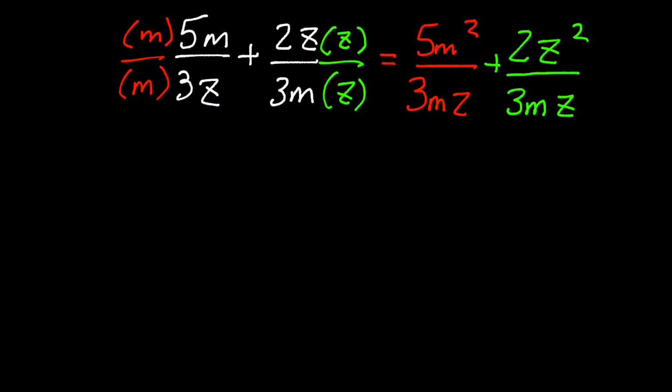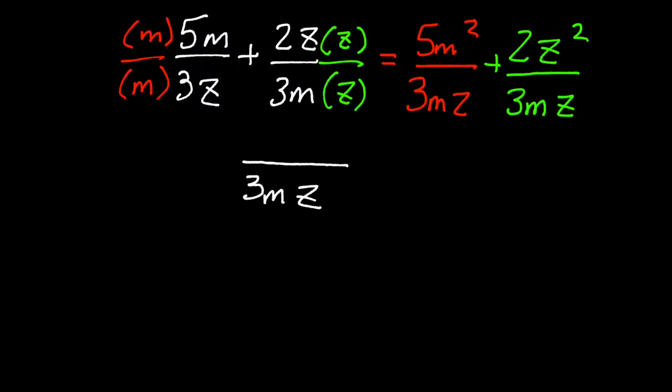Nothing is all that different, and since I've multiplied top and bottom by the same factor, these are all still equivalent, but since I have a common denominator, I can now do what I did in the first video, which was add these together. So, the denominator in my added piece is going to be 3mz.